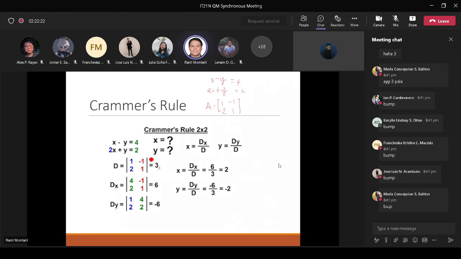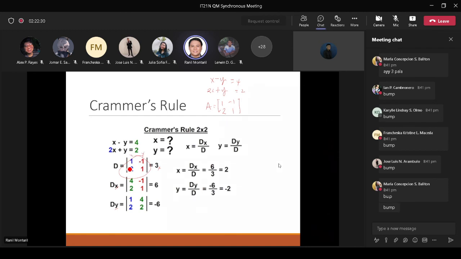Here, di ba ito yung main matrix ko, guys? Ngayon, we know that this is the column for x, this is the column for y. If you are looking for x, you have to replace the coefficient matrix. What is our constant column? 4, 2.